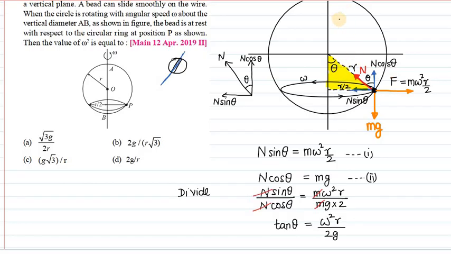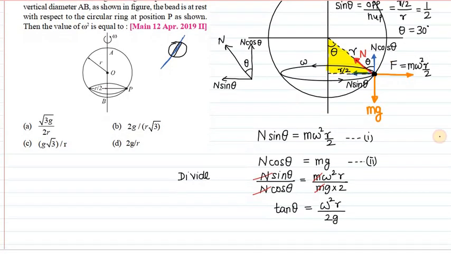Sin theta is defined as opposite side by hypotenuse, so sin theta equals 1 by 2, which clearly means that angle theta is 30 degrees.